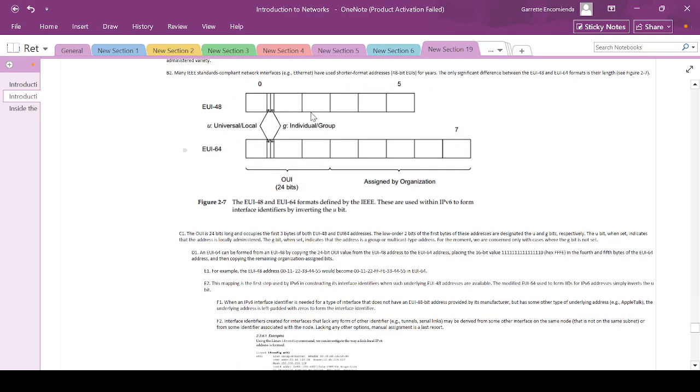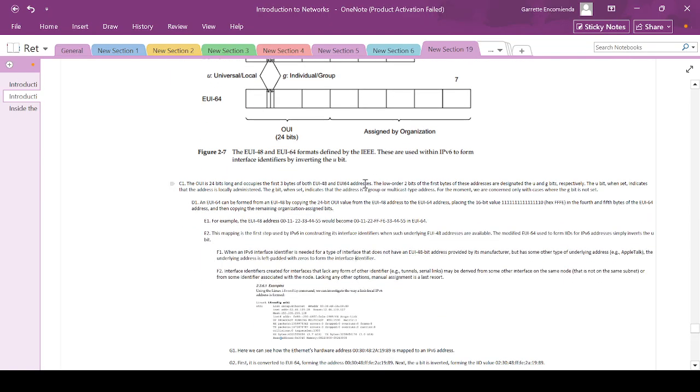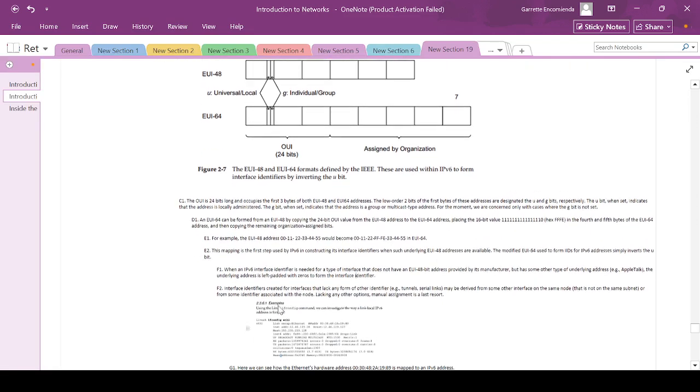So the 2 bytes are placed in the fourth and fifth here. Remember that's the first 3 bytes here, the OUI, and the fourth and fifth come after that. And then we copy the remaining organizationally assigned bits to form the 64, since there are assigned bits in EUI-48 as well.